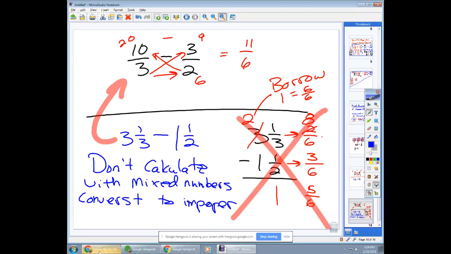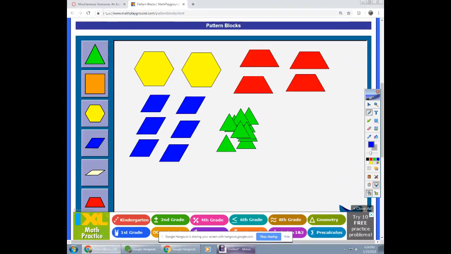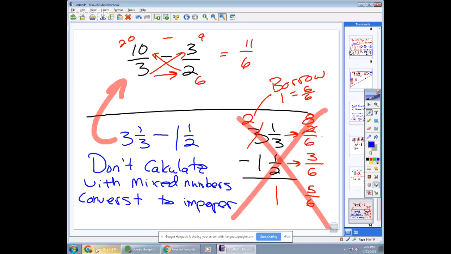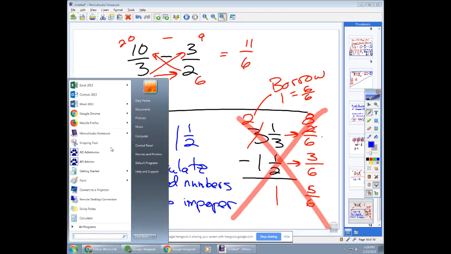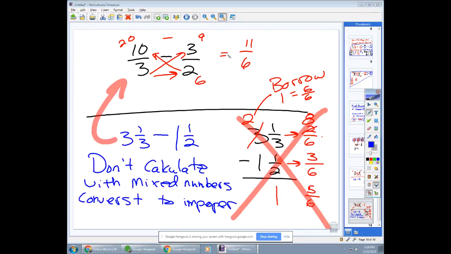We are going to skip along to our activity. To do the activity, we're going to start off with pattern blocks. Let me find my printout of the activity. It is activity 7 in your workbook, chapter 6.